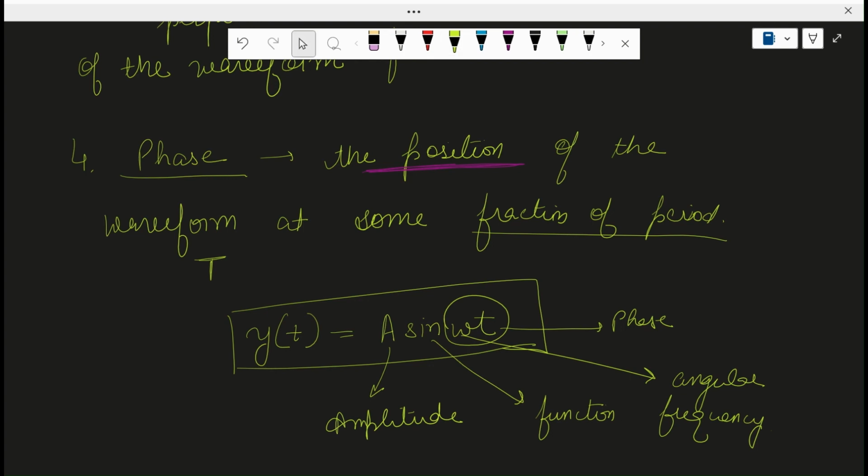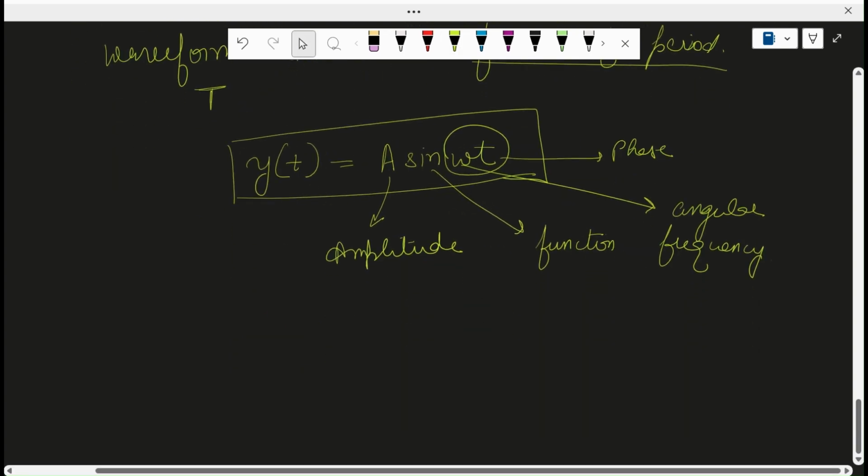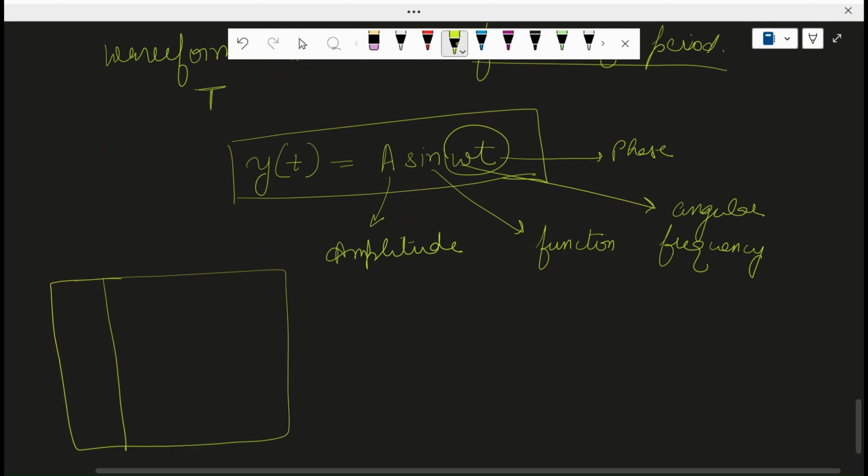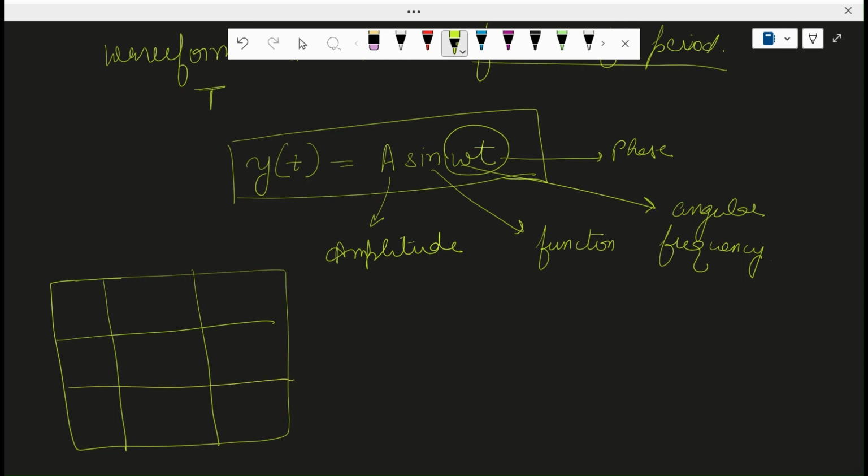Let us understand. Let me quickly draw a table, where we can quickly understand how different values come.